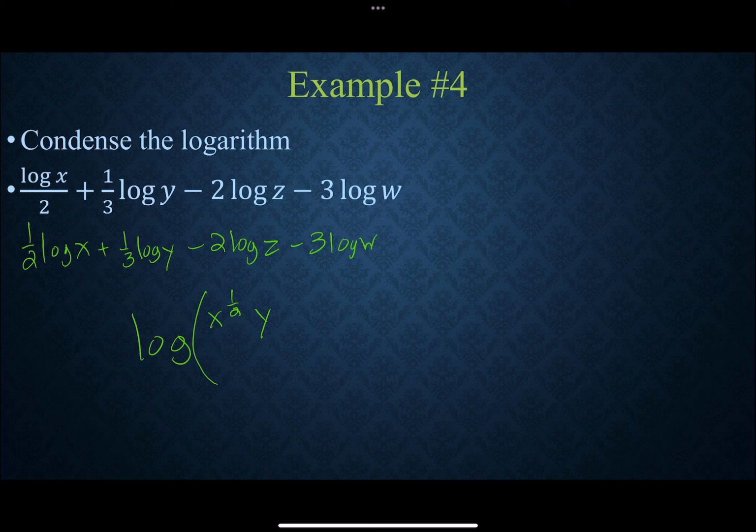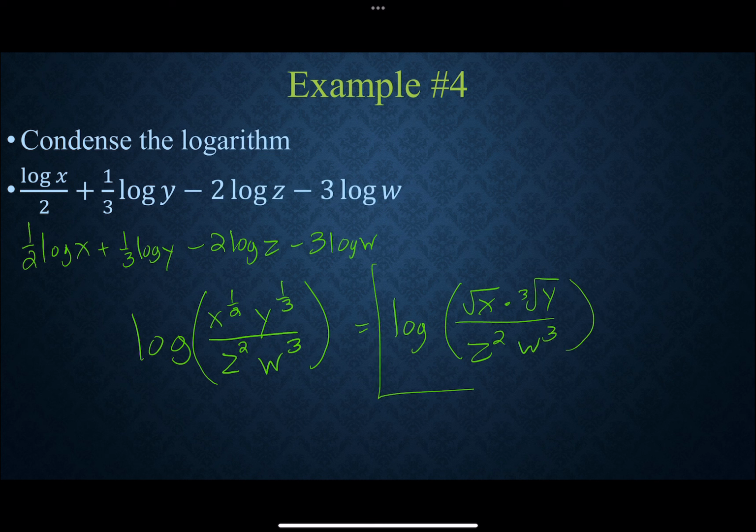The y has a coefficient of 1/3, so it's a 1/3. And z and w are both negatives, so they go on the bottom with the coefficient being the exponent there, z squared and w cubed. We can then rewrite that, if they wanted us to, as the square root of x times the cube root of y over that z squared and w cubed. Either way, perfectly fine, no matter how you want to write that answer.